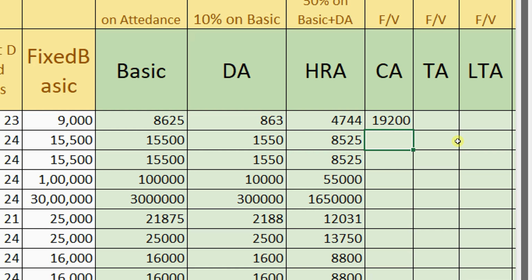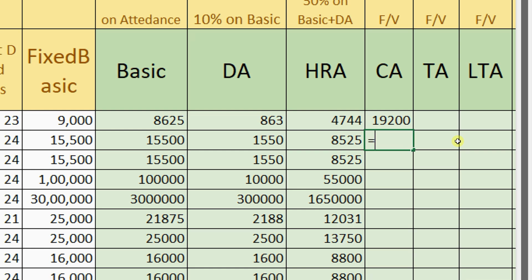While filing the income tax return, an employee can claim yearly CA exemption up to 19,200 rupees. Any amount received more than 19,200 from the employer is taxable for the employee. Only 19,200 is fixed as exemption, for every employee.